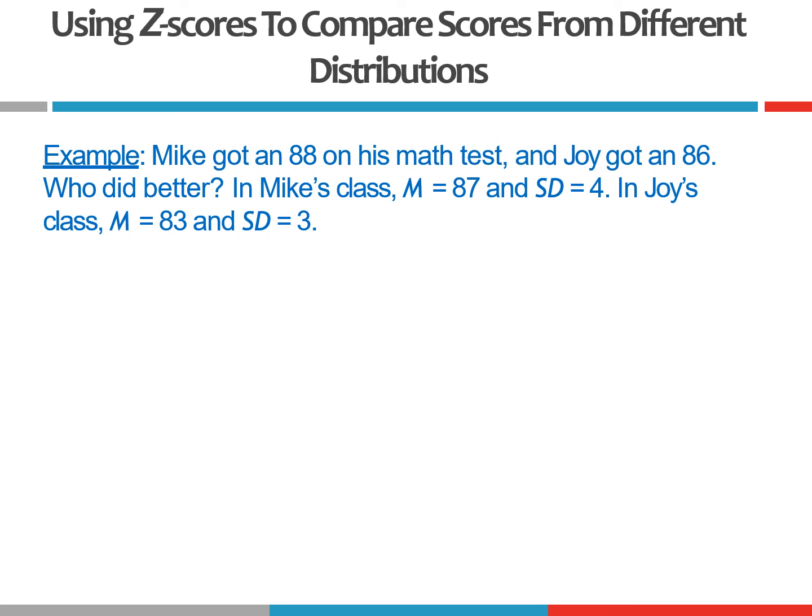In Mike's class, the mean was 87 and the standard deviation was 4. In Joy's class, the mean was 83 and the standard deviation was 3. So we can compare across those completely different distributions to see the relative position of each of their scores compared to the rest of the scores in the distribution.